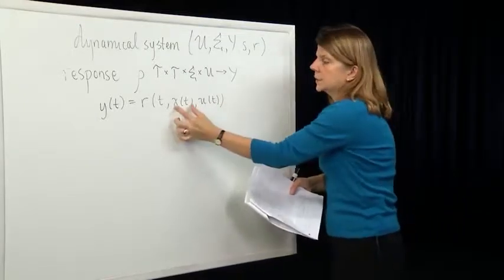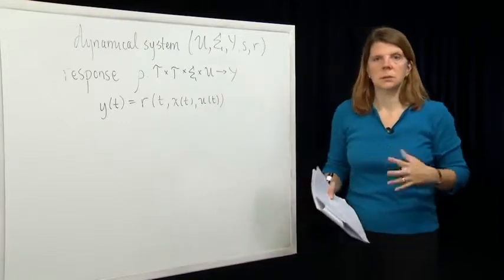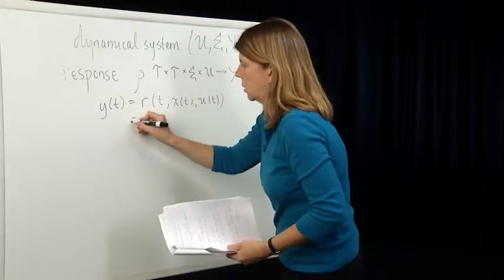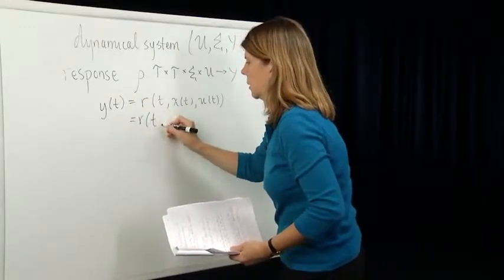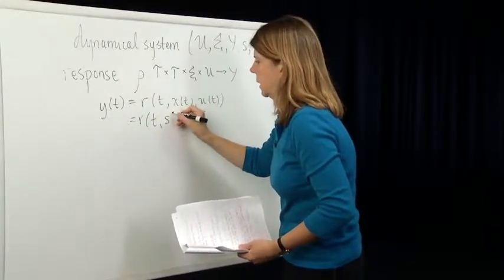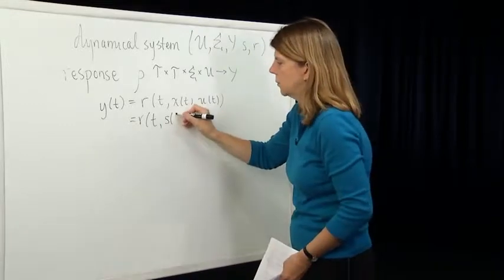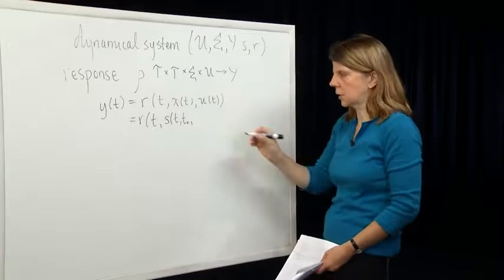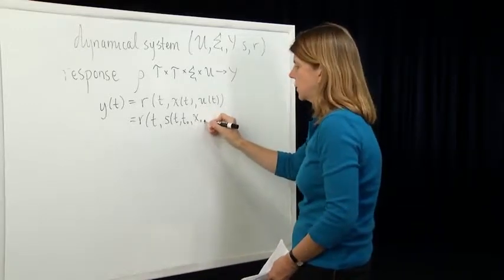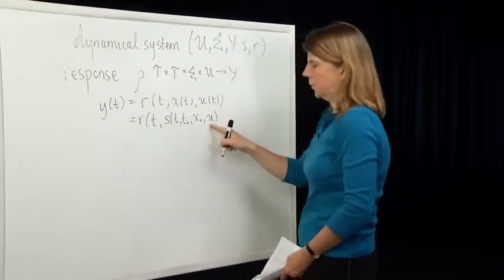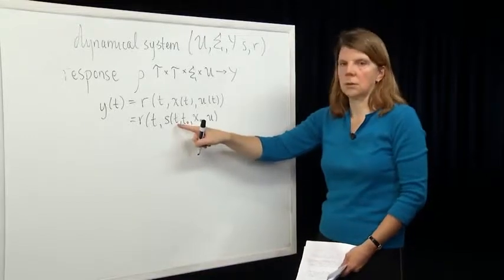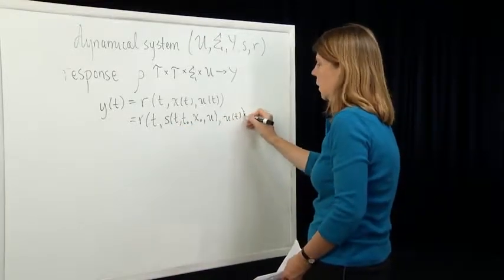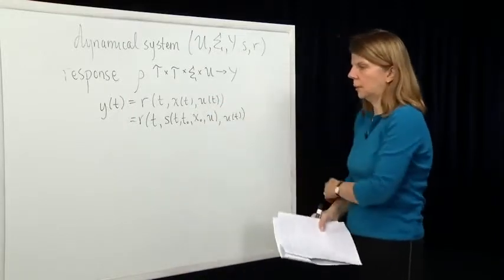Well, we know that the state at time t can be represented in terms of the state transition function, in terms of a function of the current time, the time at which the system started, the state at which the system started, and the input function between t0 and t. And we've still got that u of t coming from the output readout map.